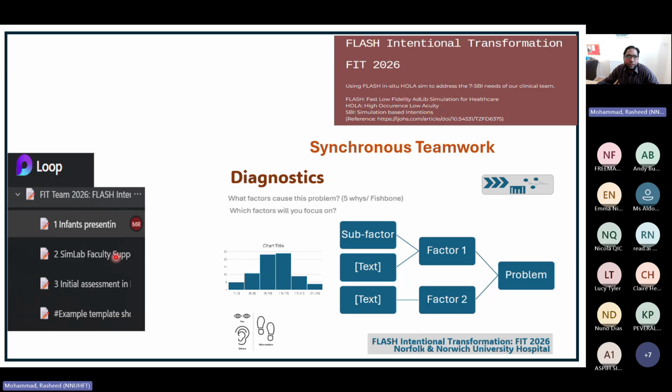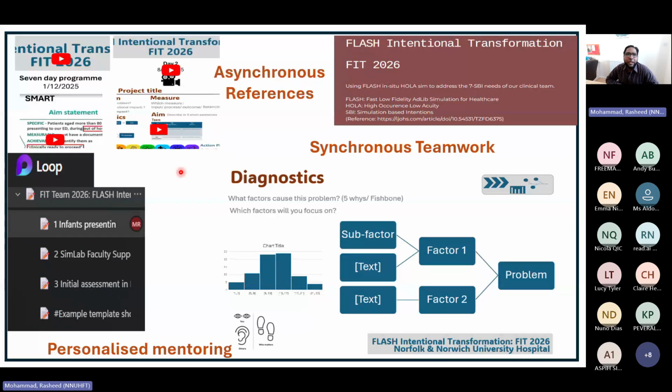And then these different problems that they are working on, based on the context, we also provide some personalized mentoring of where they might need specific help on a particular specialty. So we might invite someone from the quality improvement team, we might invite someone from the patient safety team, and then that kind of increases the kind of change ideas that we develop. And then we also develop asynchronous references that they can go back to in that period of 3 months.